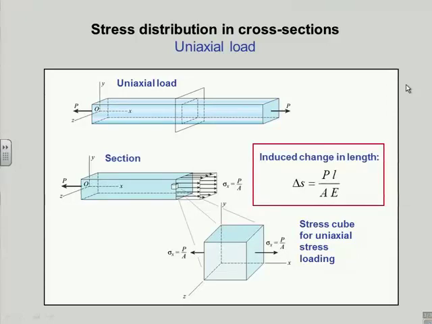Here I show you also the equation for deflection. Delta S is change in length. So that's the deflection or the stretch that results from putting a load P on the beam. And L is the length of the, I should not have said beam there, this is a tension member, the length of the part. So L is its length, A is the cross-sectional area, same as you use for the stress calculation, and E is the Young's modulus of elasticity for the material, which essentially is a material strength property.